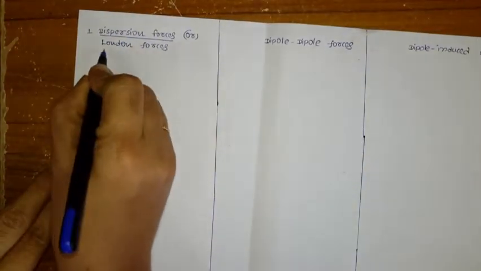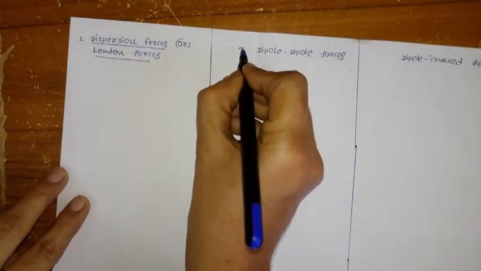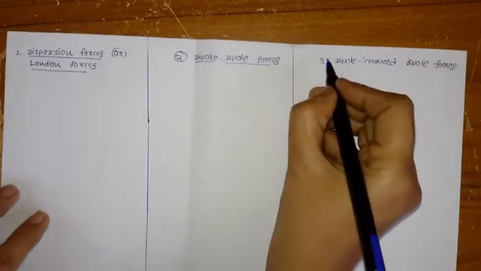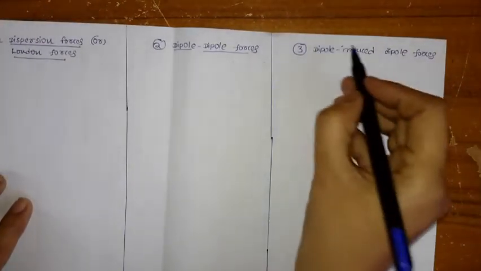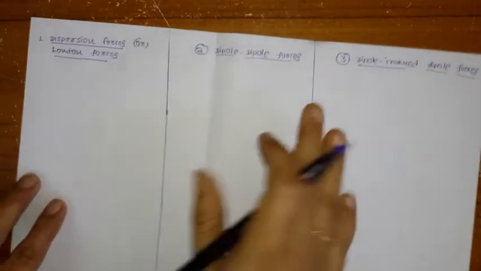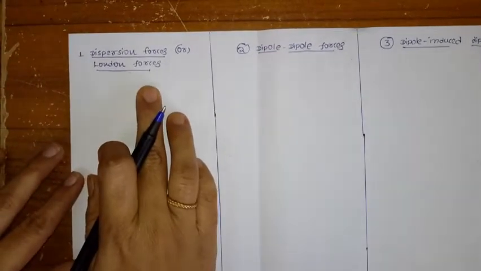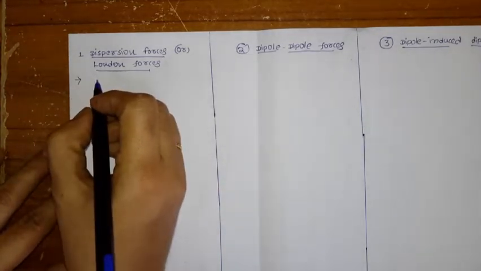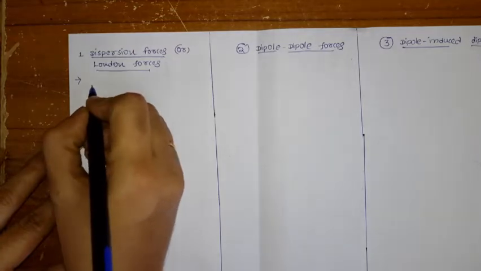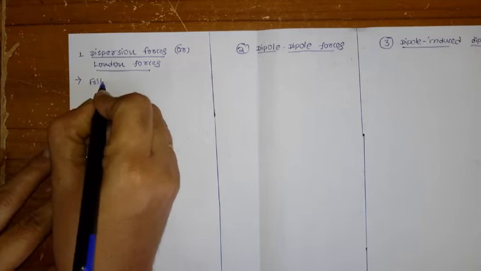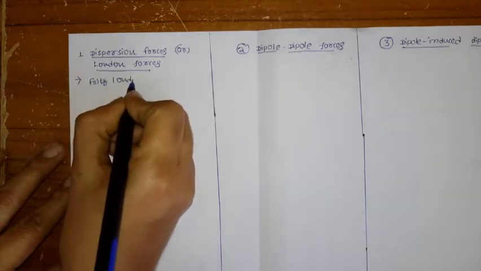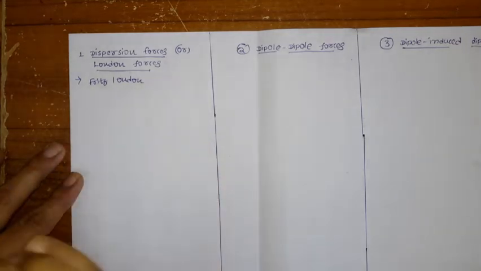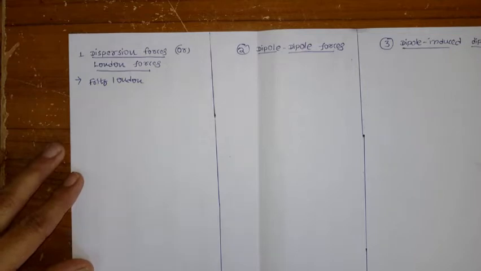Dispersion forces are London forces. Second one is dipole forces. Third one is dipole induced dipole forces. Now let us discuss the first one. Dispersion forces are London forces. These forces were first proposed by the German physicist Fritz London, hence the name London forces.